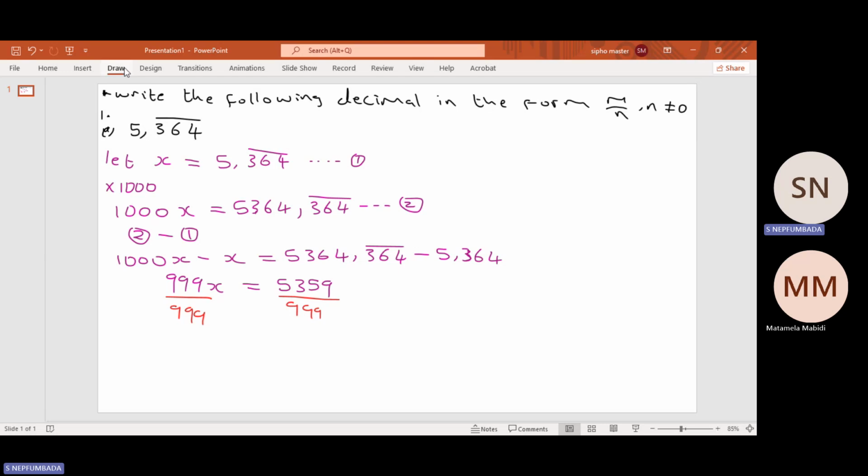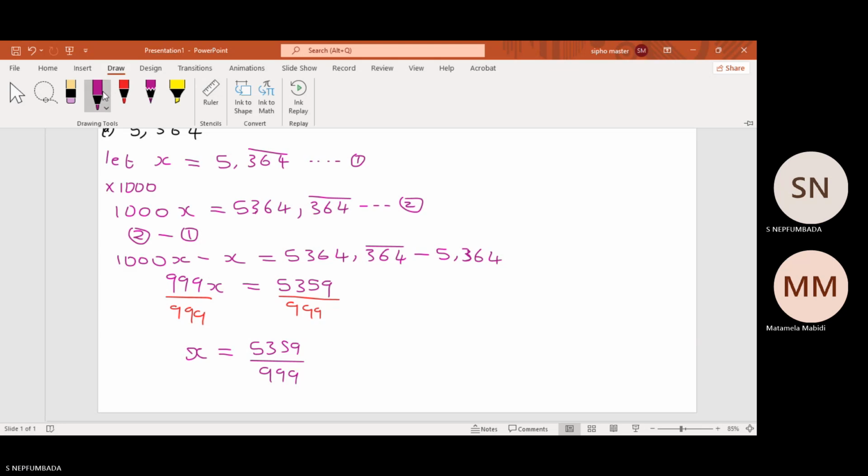Therefore those cancel, and we end up with x equals what? 5359 divided by 999. Any question? No. Can we proceed? Yeah.